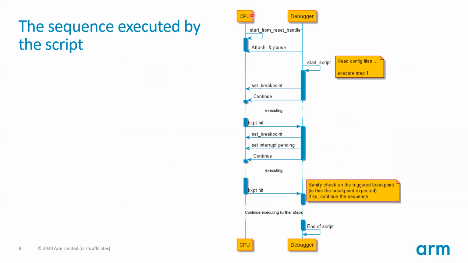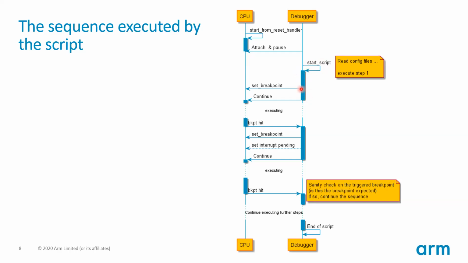We simply start the CPU, it boots up, and at some point we attach to the core with the debugger and start the script. The script reads in some config files that describe the test to be executed, which I'll talk about a bit later, and starts executing the first step in the defined test case.